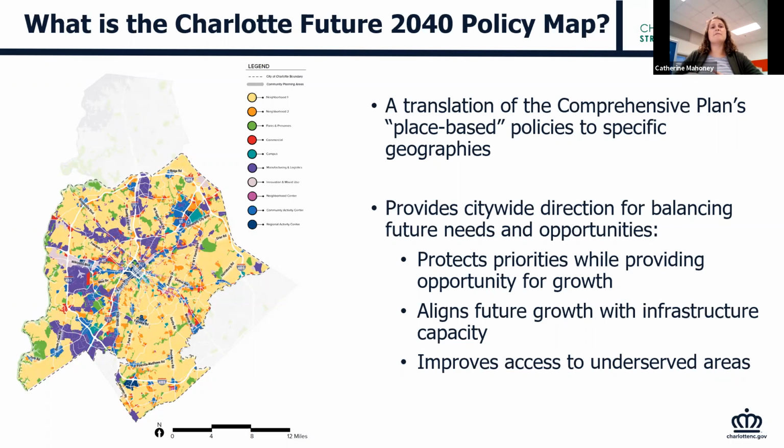And finally, this effort is going to help us ensure that we're improving access to a number of things such as goods, housing, and jobs in the future to the underserved or historically underserved areas of town. And this is important because improving access to those areas will help ensure that we're a more equitable city in the future.